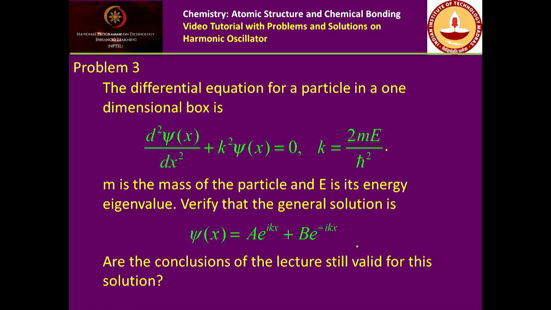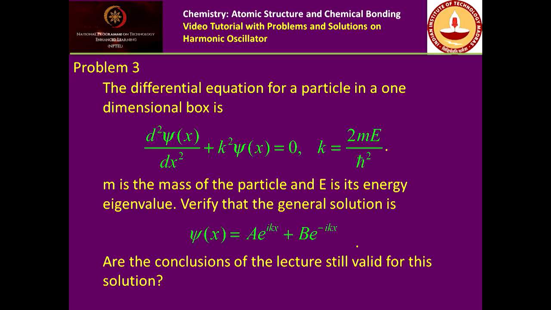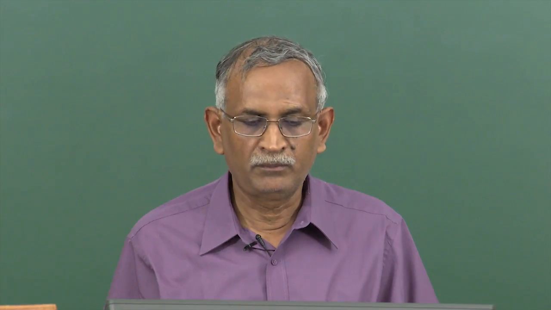Okay. So, the next problem is to use the wave function in a slightly different way, the complex form. The particle in a one dimensional box, the differential equation is given by, obviously, d square psi by dx square plus k square psi is equal to 0, where k square is given by 2m times E by h bar square.